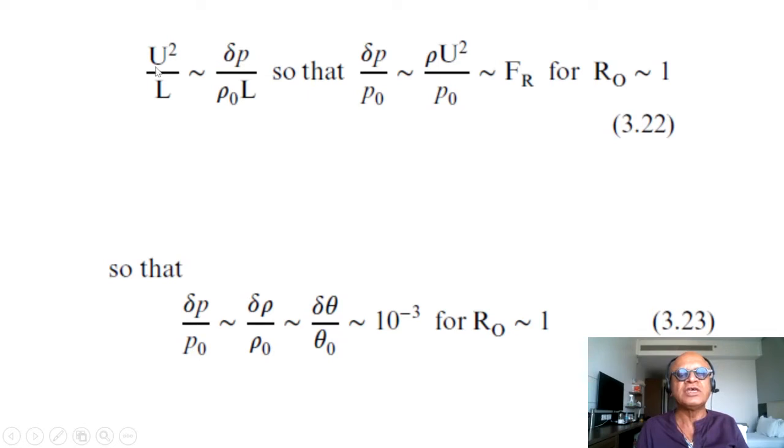Scale it with the horizontal velocities and horizontal scales of motion, which is related to the pressure gradients, so that the pressure gradient term is related to the acceleration term and the background pressure, which is the Froude number.